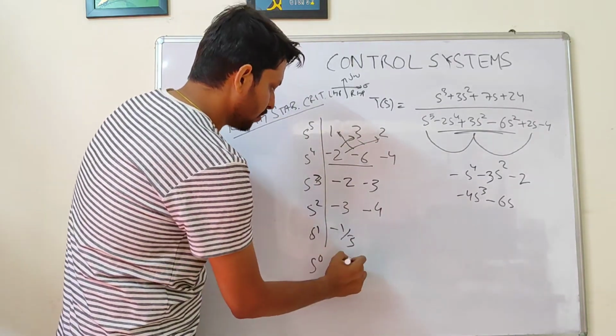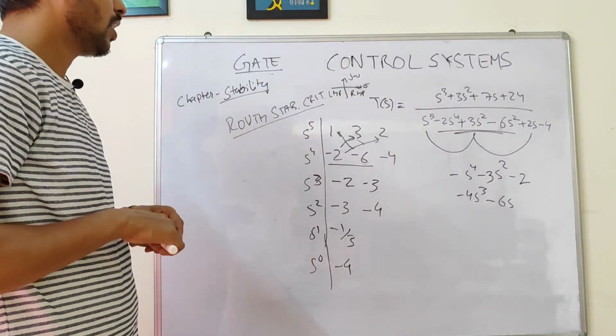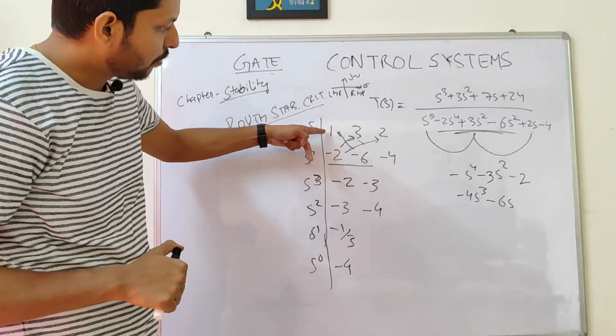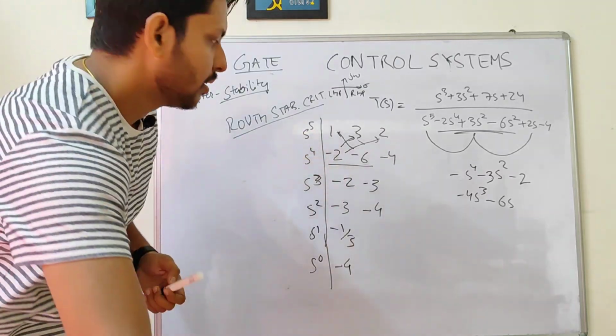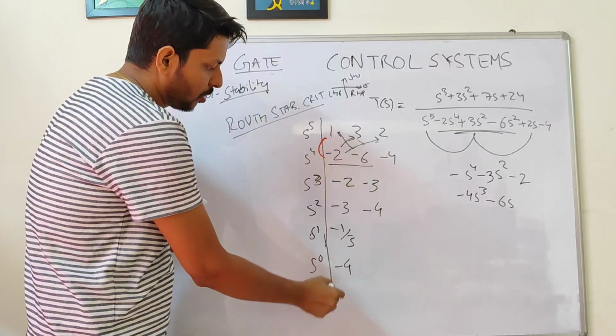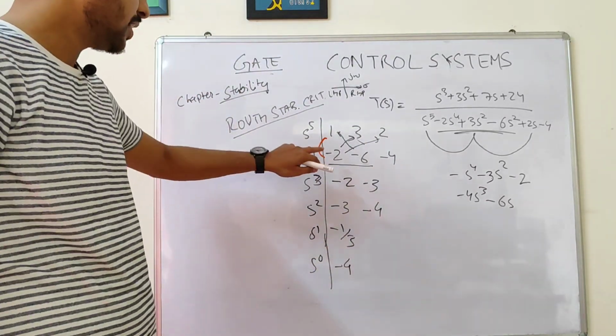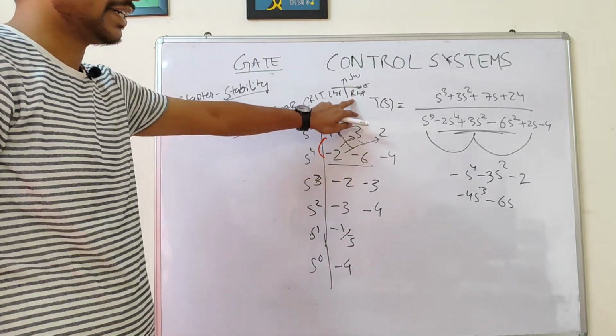And this will be -4 only. Right? So how many times has the sign switched? From 1 to -2, the sign changed once. And then it was negative all the way through. So what does it tell you? Sign switch has happened once, which means there is one right hand pole.